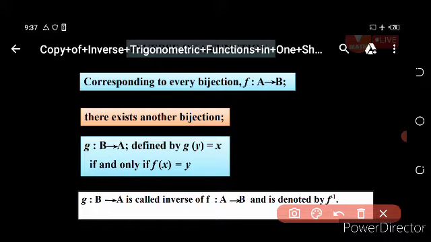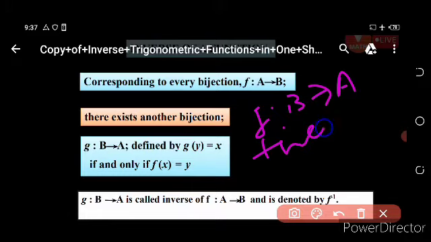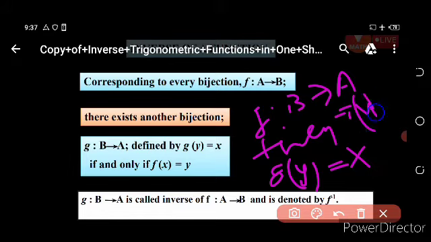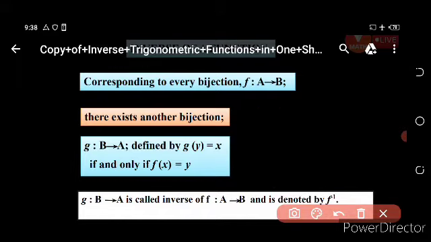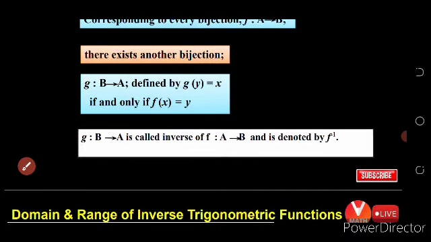Similarly, if g is a function from B to A, then g of y is equal to x if and only if f of x is equal to y. Then g, the function from B to A, is called the inverse of f from A to B and it's denoted as f inverse.